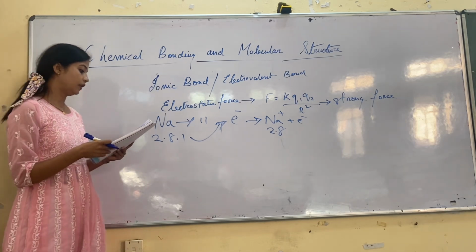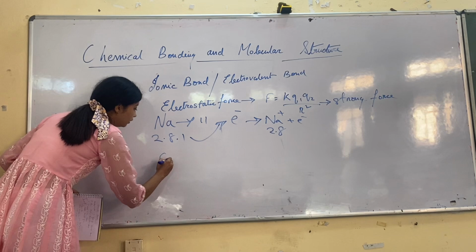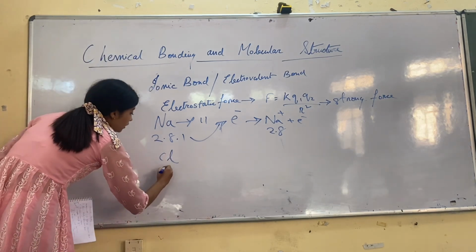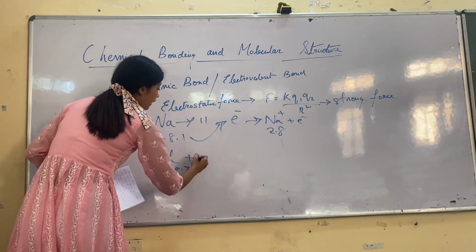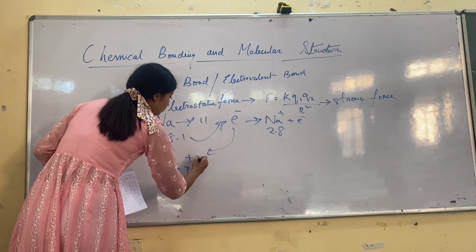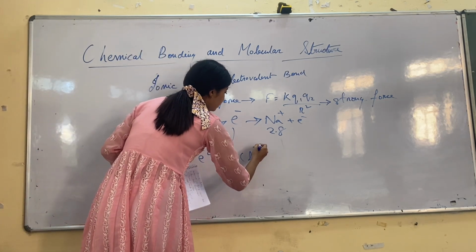Octet achieved. Now we are going to consider a non-metal, Cl, chlorine, which is given by 2.8.7, and it acquires this electron and becomes Cl-.